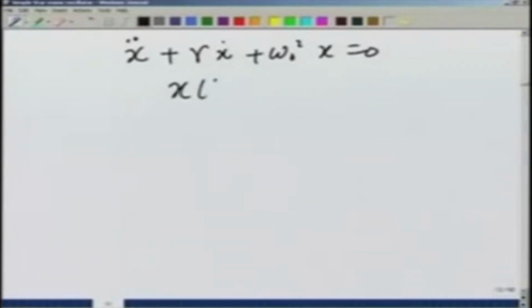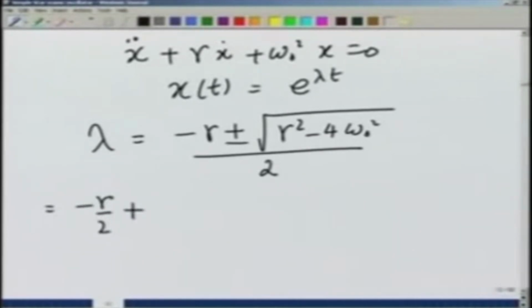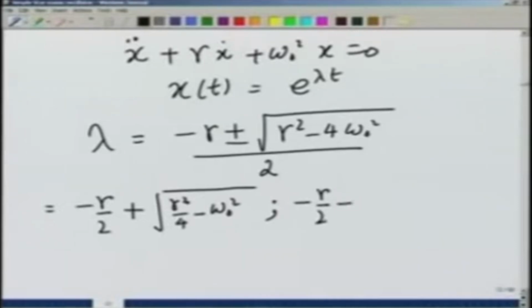When I assume a solution of the form e raised to lambda t, the lambda that I get is minus gamma plus or minus the square root of gamma square minus 4 omega 0 square over 2, which I can write as minus gamma over 2 plus square root of gamma square by 4 minus omega 0 square, or the other root is minus gamma over 2 minus square root of gamma square over 4 minus omega 0 square.